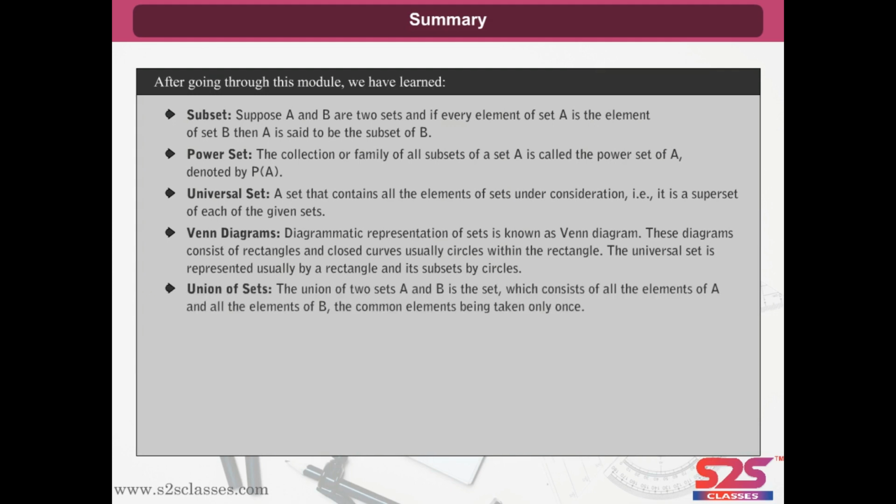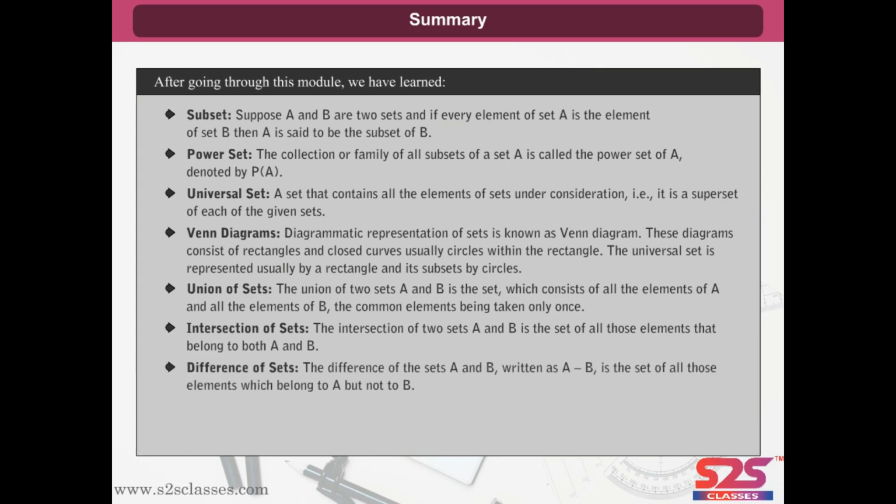Union of sets. The union of two sets A and B is the set which consists of all the elements of A and all the elements of B, the common elements being taken only once. Intersection of sets. The intersection of two sets A and B is the set of all those elements that belong to both A and B. Difference of sets.